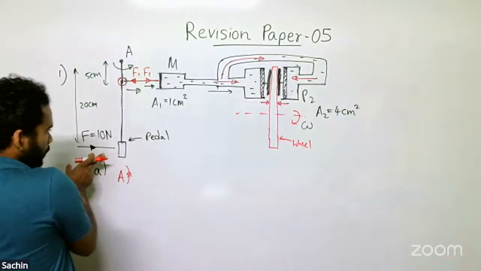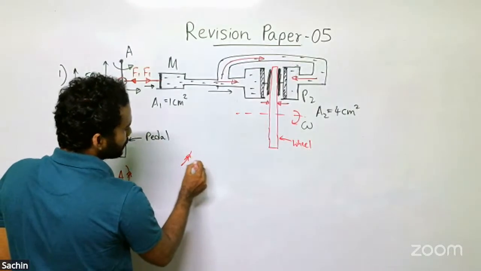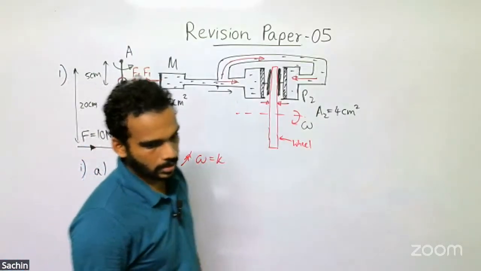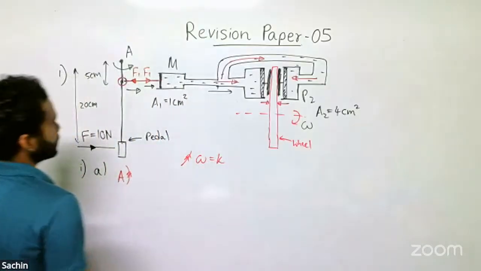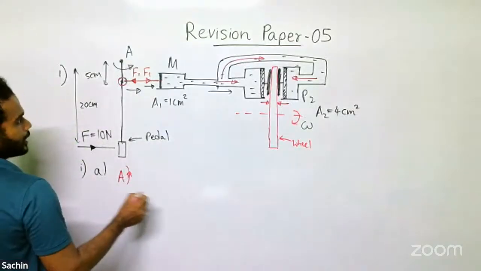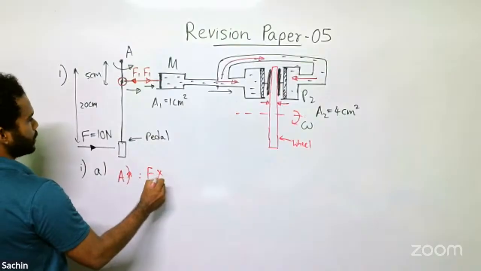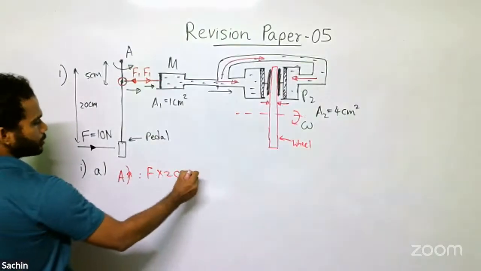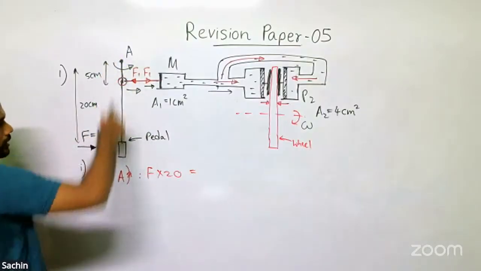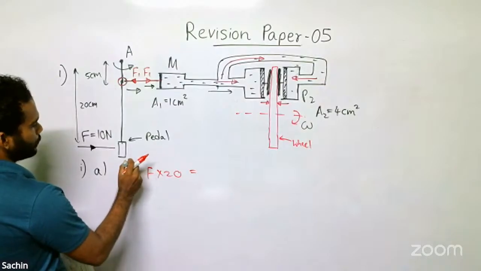You can make a simple assumption: when you apply this force, this is going to move with a constant angular velocity, constant omega. If the angular velocity is constant, there is no resultant moment. That means I can consider the moment balance. There's another moment applied on this rod.